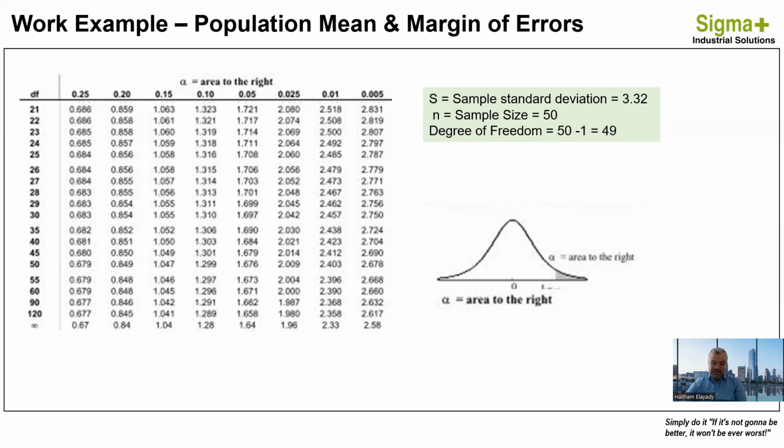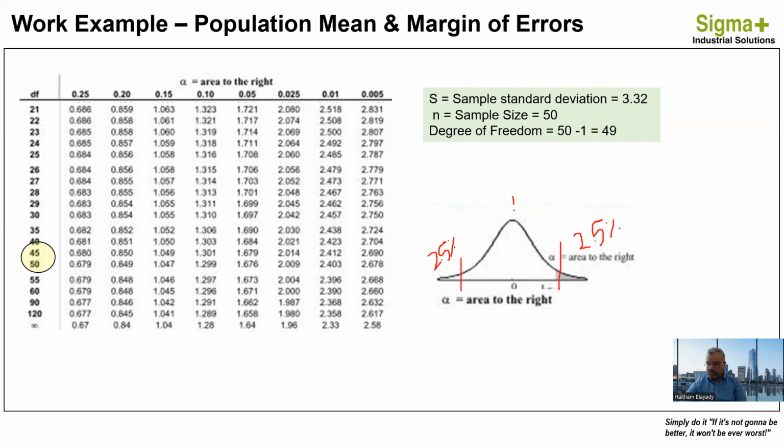So what does it mean? It means that when I go to the table, I have to take into consideration that I need to find out the t-score at 2.5%, which is the value of alpha in the right tail side, and 2.5% on the left side.